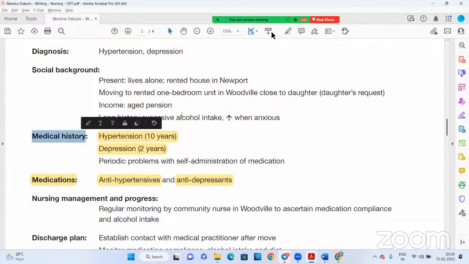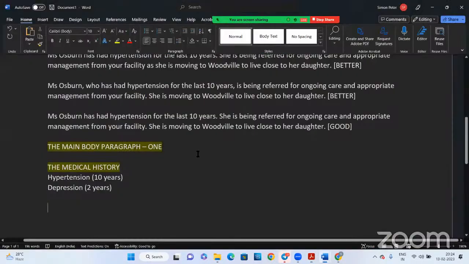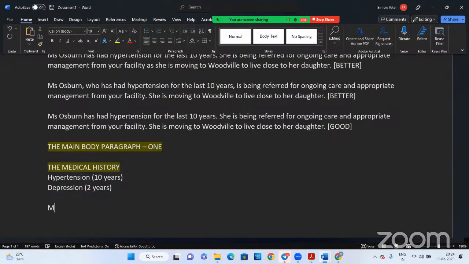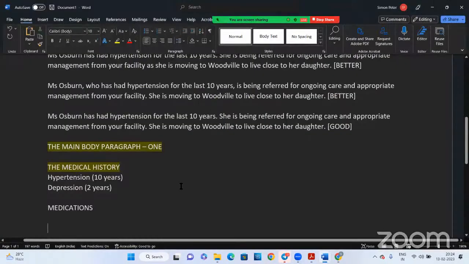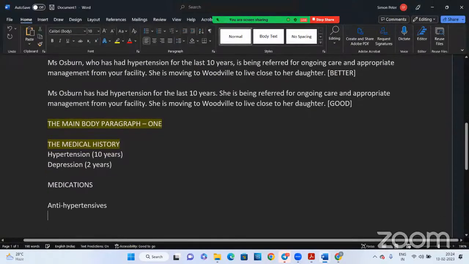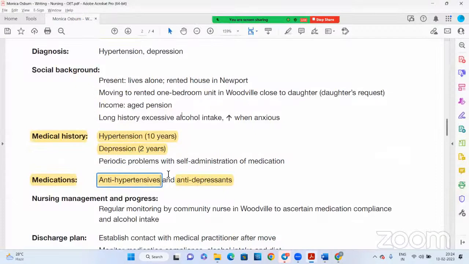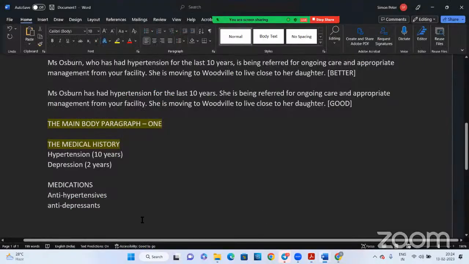So you are taking the medications. What are the medications? Antihypertensives and antidepressants.